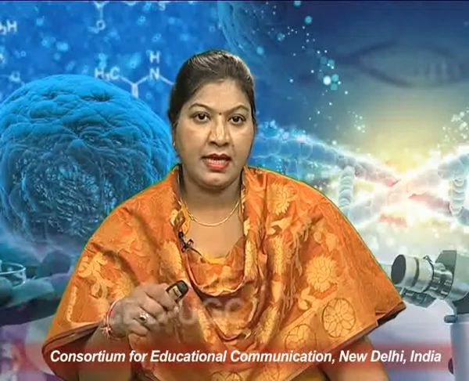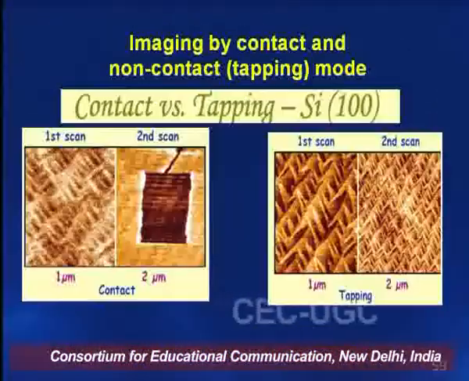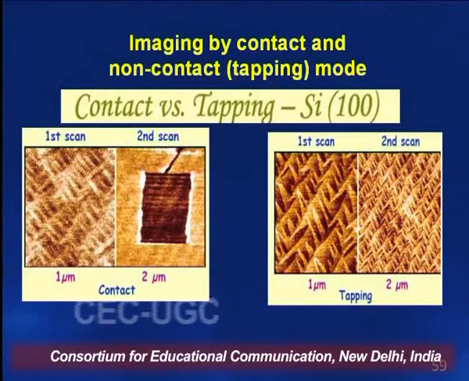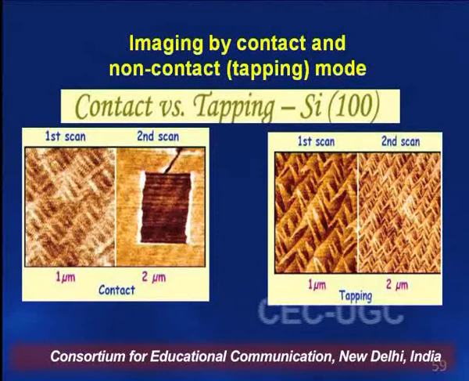And you see in the diagram the picture of the silicon surface, and here we see the imaging by contact and tapping mode. The left hand side diagram explains the contact mode, and on the right hand side we have the tapping mode. Now you can predict which one is clear.